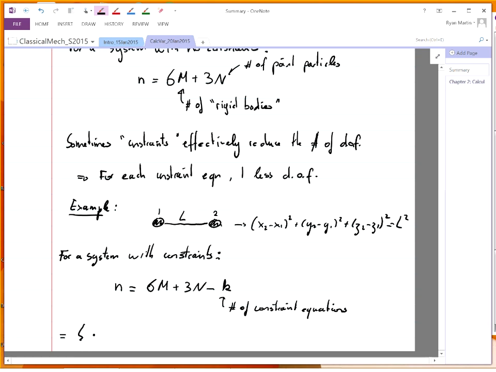So if you have a set of coordinates which we label Qi, to describe a system, and in principle they can depend on t, so I goes from 1 to n. We call these generalized coordinates. Sorry, I forgot to remind you of that.